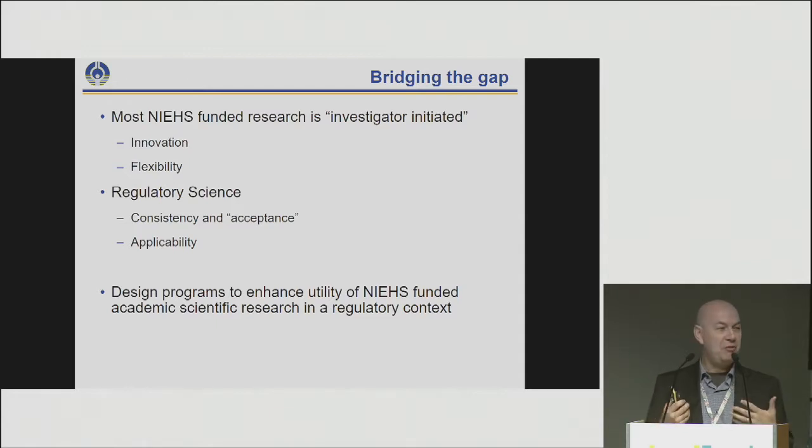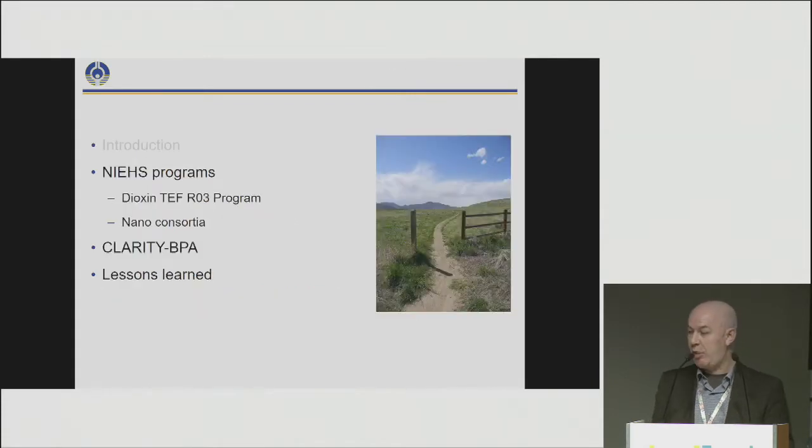And so these two different viewpoints on research create two very different communities that have very different value systems in what their drivers are to generate data, and have different pressures placed upon them from those different viewpoints. And so how can we design programs that really bring the utility of both the academic and the regulatory science research together into this regulatory context?